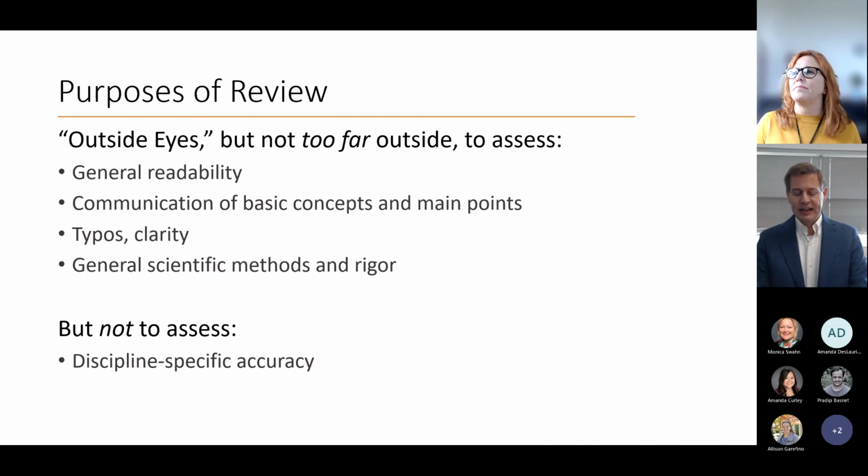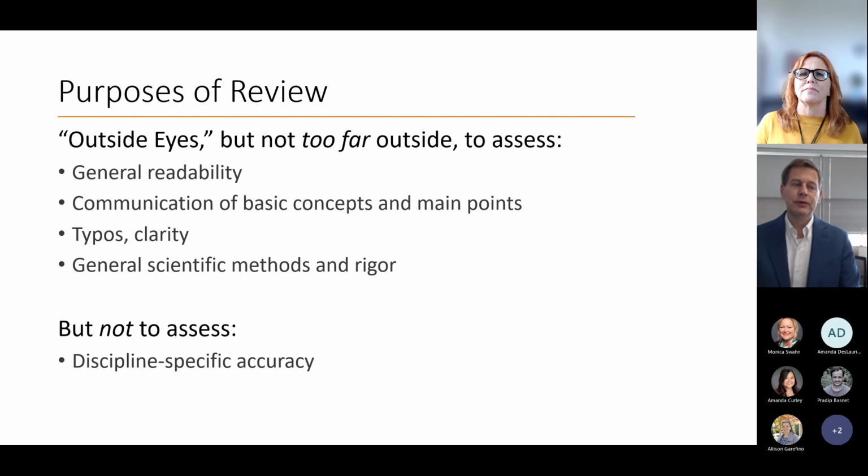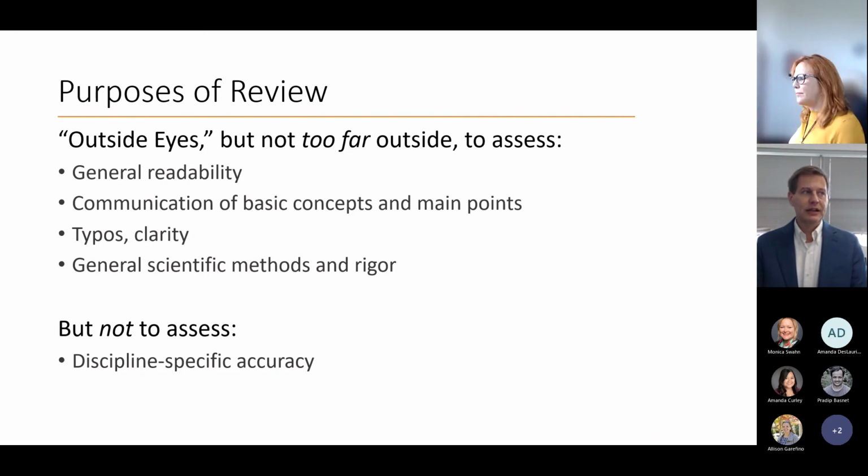And so these outside eyes will be within our college, so they're not too far outside. We're not recruiting from engineering or the humanities. We're recruiting from the Wellstar College, so people will be aware of probably the general scope of your work. They are looking for general readability. They're looking for how you are communicating basic concepts and main points.